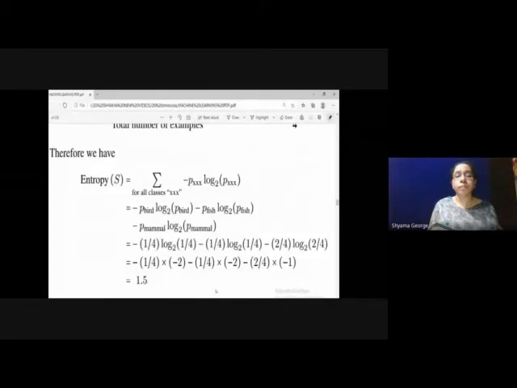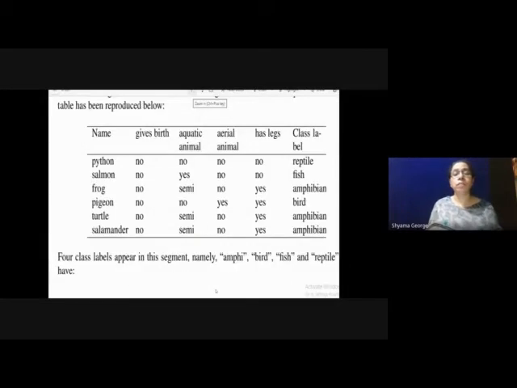Then this is the formula for gives birth is equal to yes. That is minus 1 by 4 log 2 to the base 1 by 4, minus 1 by 4 log 2 to the base 1 by 4, minus 2 by 4 log 2 to the base 2 by 4. Similarly, when you take no, these are the values. In the case of gives birth no, there are 6 records.